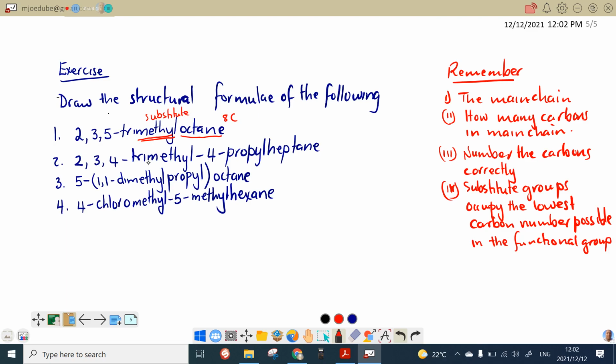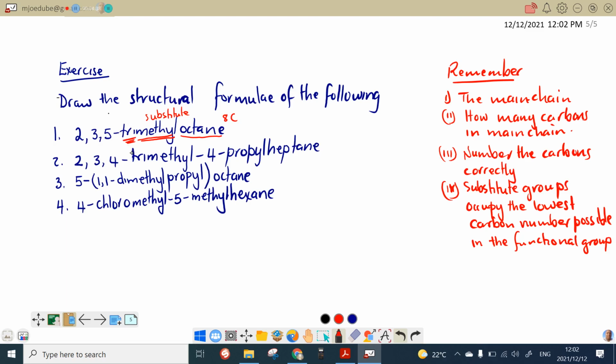So it's an alkyl group that is attached to the main chain. And how many of these methyl groups do you have? This gives you the number of groups attached. There are 3 of them, 3 identical substituent groups attached to the main chain, hence the prefix tri.